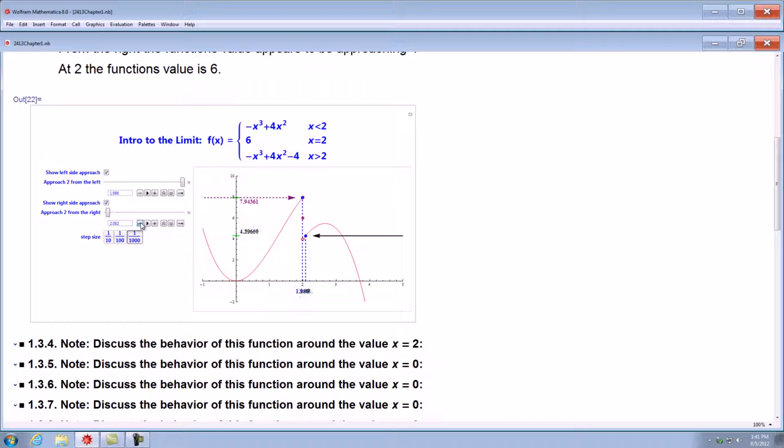From the left I'm getting close to 8. From the right I'm getting close to 4, but at exactly 2, it's not 8 or 4, it's 6. So this is completely different than the previous 2 examples, because what happens at 2 is completely different than what happens from the left and from the right.